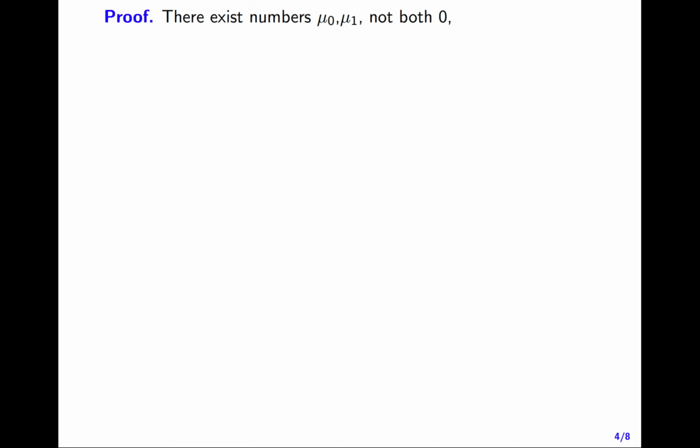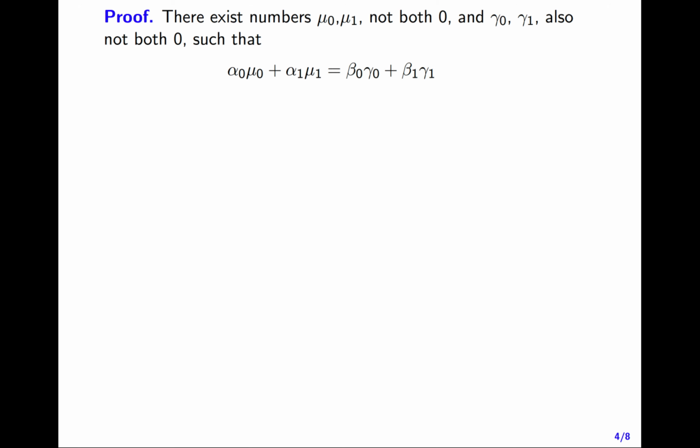First, I claim we can find numbers mu 0 and mu 1 that are not both 0, and gamma 0 and gamma 1, another pair of numbers, also not both 0, such that alpha 0 times mu 0 plus alpha 1 times mu 1 is equal to beta 0 times gamma 0 plus beta 1 times gamma 1 equals 0.